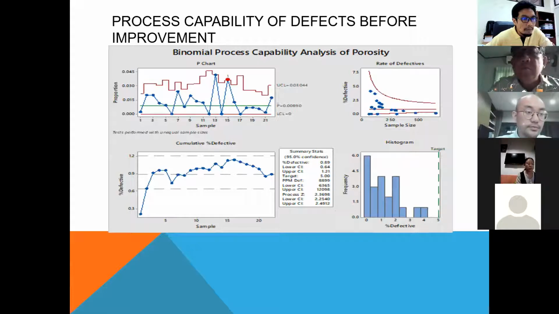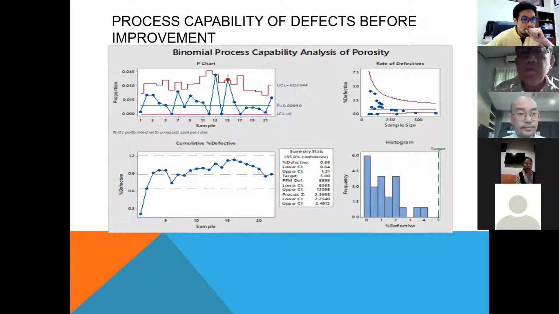The next is the process capability of defects before improvement. In the summary of statistics table, the target 5% showed the maximum allowable percent defective for the process. The percent defective estimated was 0.89%, which was below the maximum allowable percent defective.